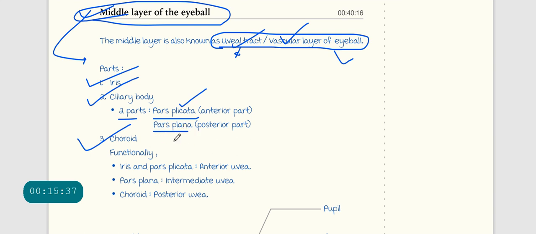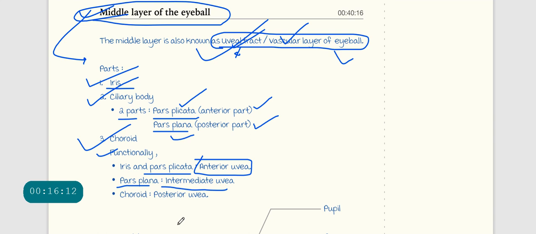Then coming to the choroid, functionally we say that the iris and the pars plicata are the anterior uvea of the middle layer, and functionally the pars plana is the intermediate uvea and the choroid is the posterior uvea, based upon the position: anteriorly, intermediate and posteriorly.